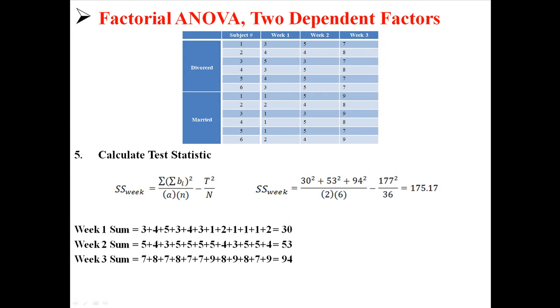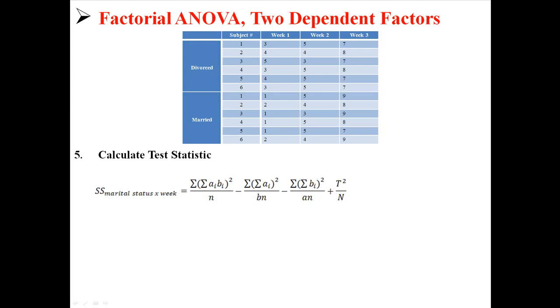So that goes on the top of the equation, 30 squared plus 53 squared plus 94 squared. And we divide by a and n, which we already know. And we already know T squared over N. So working that out, we find a sum of squares week of 175.17.